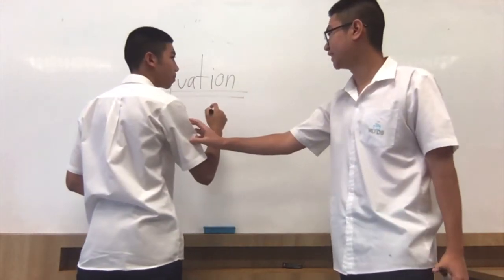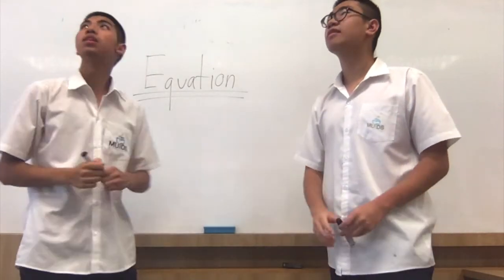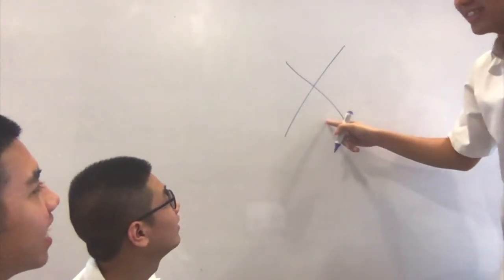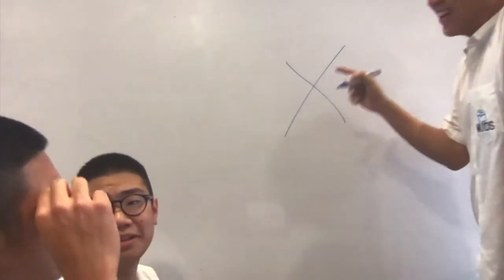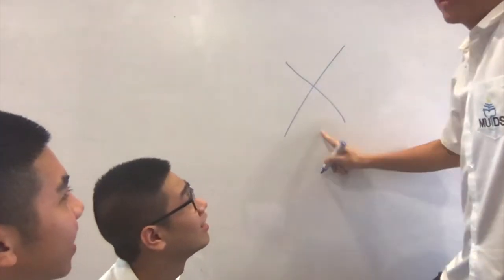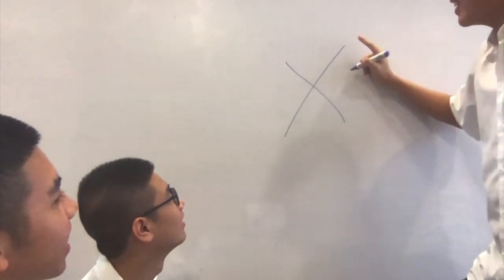Wait, before we start, do you remember that day? Flashback. So this is what? What is this? This is not a parallel line. Yeah, okay. This is an intersecting line.